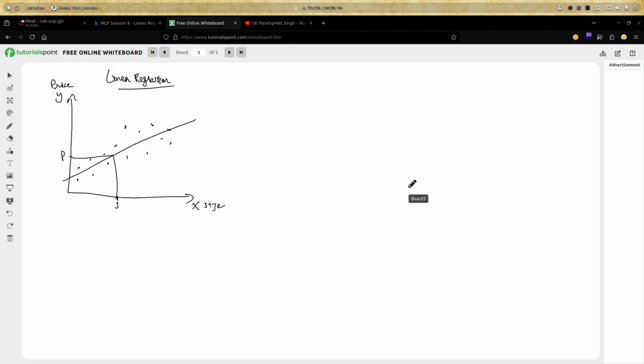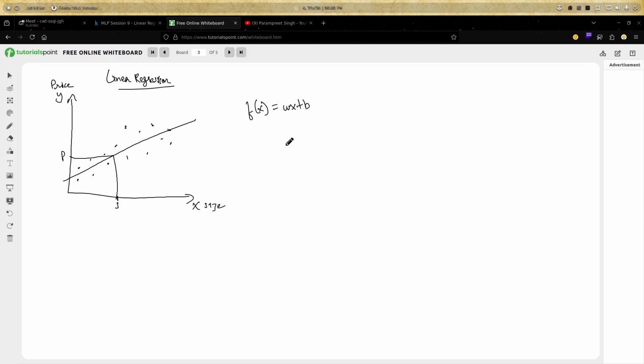In linear regression, because we just have to plot a single line, the formula we have is f of x equals wx plus b.